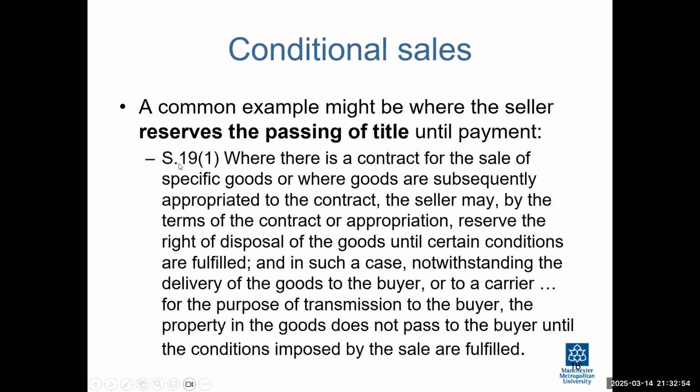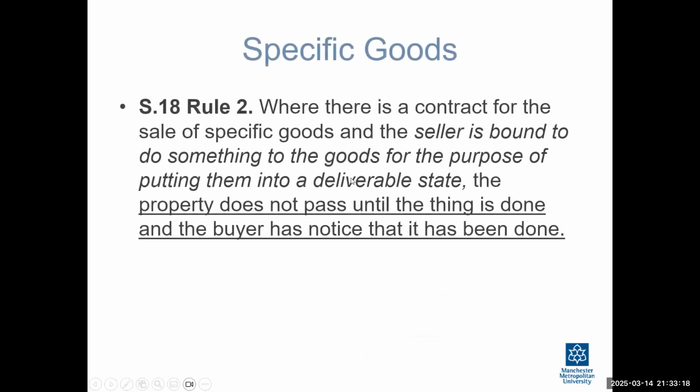In section 19(1), it provides that when there's a contract for the sale of specific goods, or where the goods are subsequently appropriated or allocated to the contract, the seller may reserve the right of disposal until certain conditions are fulfilled. And in such a case, title will not pass until that condition has been fulfilled. So if it's a conditional contract, rule 1 does not apply. If it's unconditional, title passes at the time of the contract.